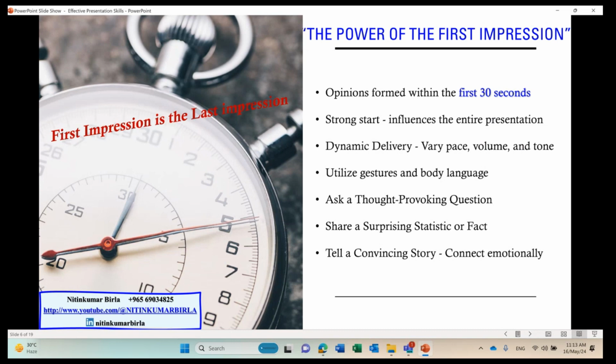Dynamic delivery. Your voice is changing. You're modulating your voice. Surprising statistics. As per the latest trends of employment across the world, you're making a statement now. The present unemployment rate is around 9%, below 10%.